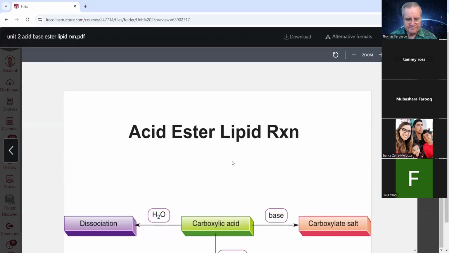I don't know, this should be Unit 3. This is dealing with acids, carboxylic acids and esters. I don't know why it's over there.